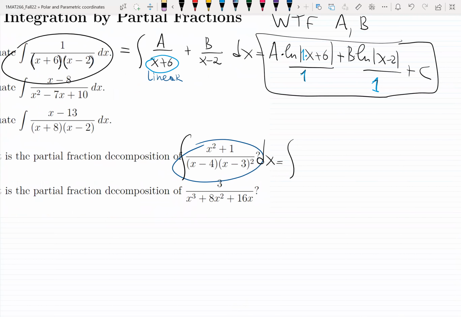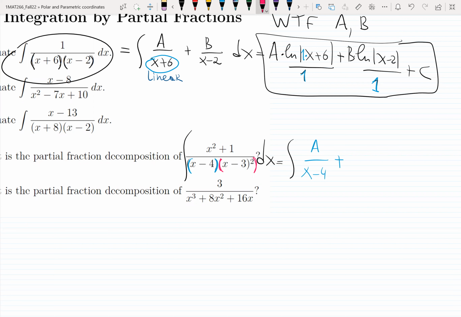How about the case I circled? That case has x minus 4, and it's the same thing as before, linear, not repeated. So it's going to be A over x minus 4 plus. But then the other one is linear repeated. Repeated means it's linear, but it's squared or cubed or to the fifth power and so on.